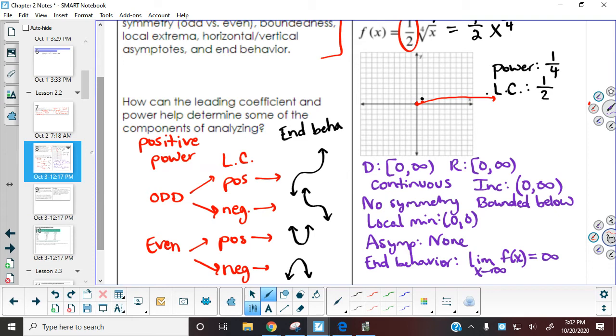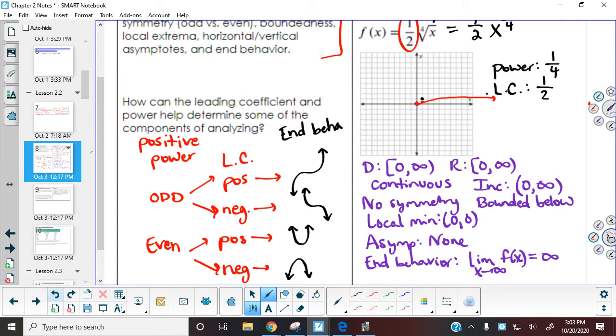Now the other way, normally we would also have a negative infinity, but because this stops, it doesn't actually go towards negative infinity. So we don't need both end behaviors here because it only goes towards positive infinity. If this graph were to extend the other direction as well, then we would also have a second end behavior as x approaches negative infinity.